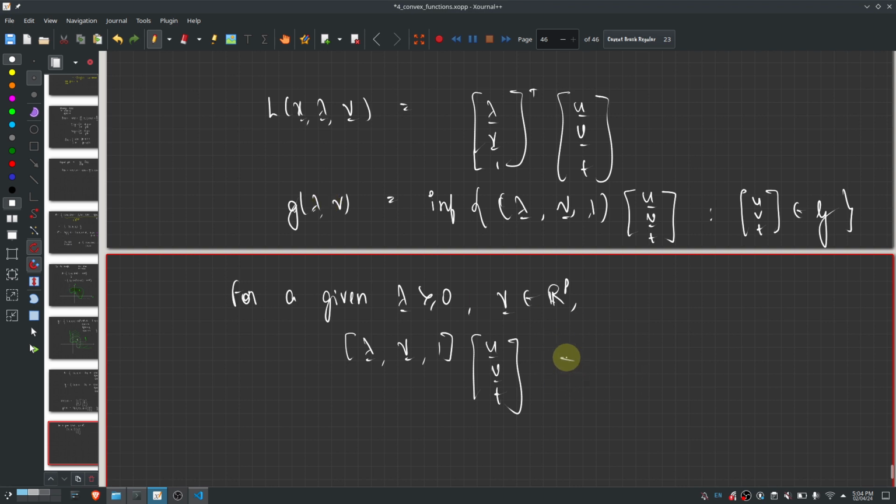So this is always going to be greater than or equal to g of lambda comma nu for all (u, v, t) belonging to G. Correct? Because g of lambda comma nu is the minimum possible of this particular inner product over all points in G. The inner product with any point in G should be greater than or equal to the minimum.